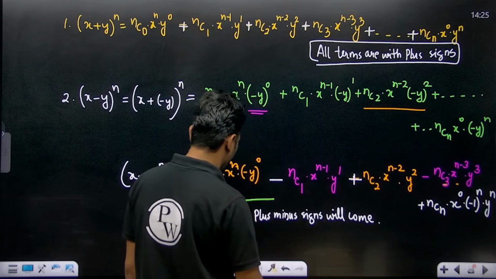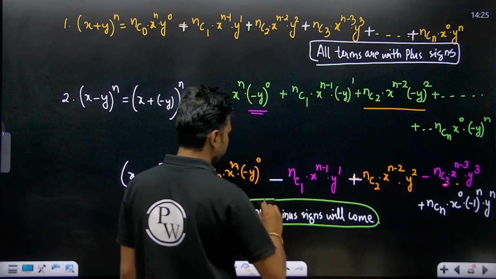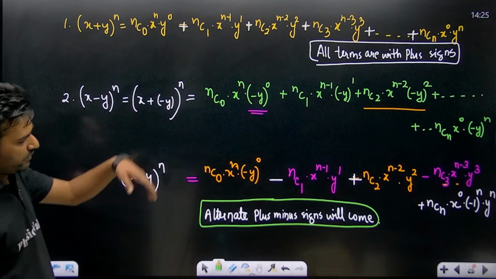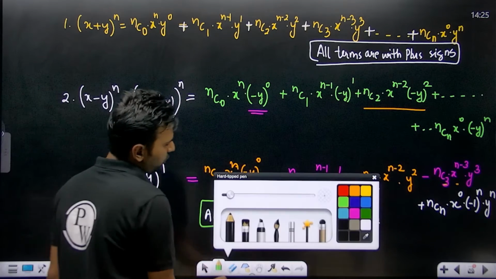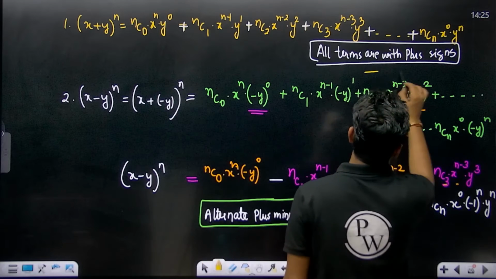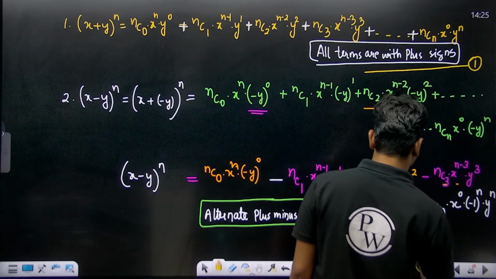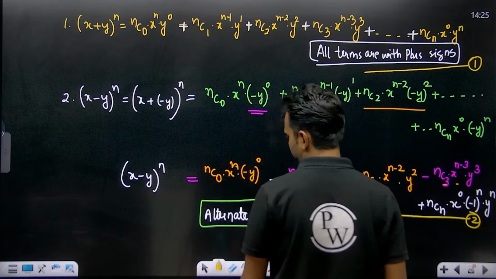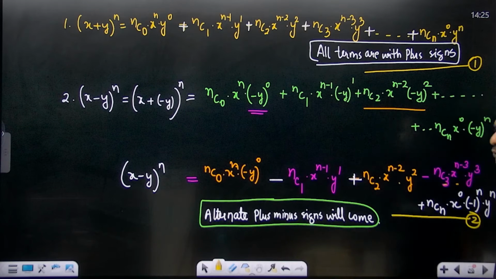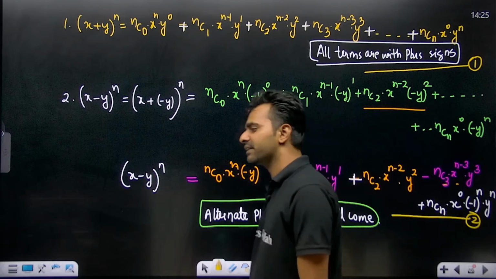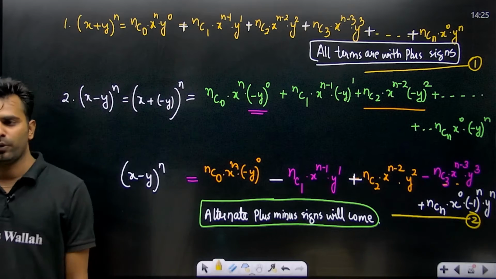Now this is something very crucial. Let's call this particular thing 1 and let's call this particular thing 2. If you add these two, something good will happen. If you subtract these two, something good is also going to happen.